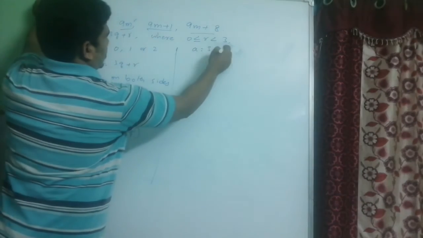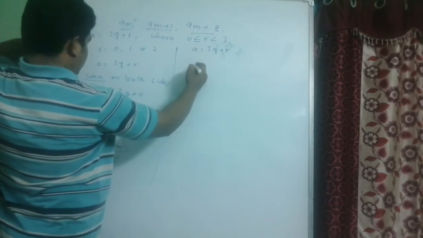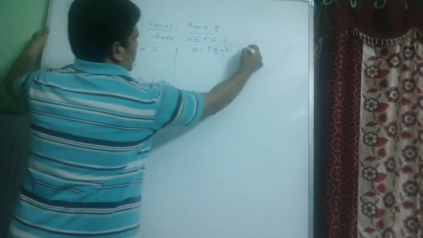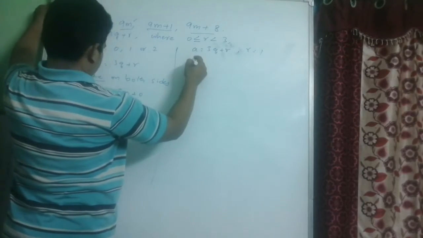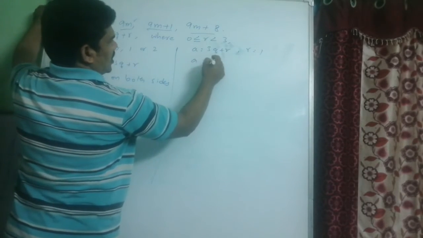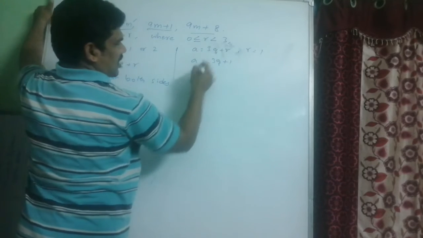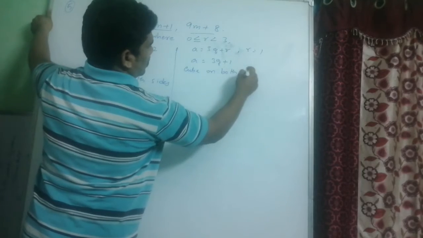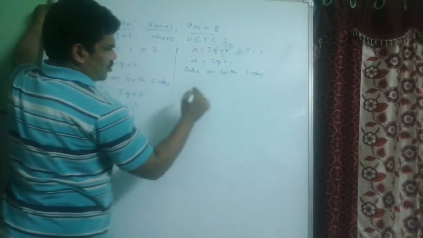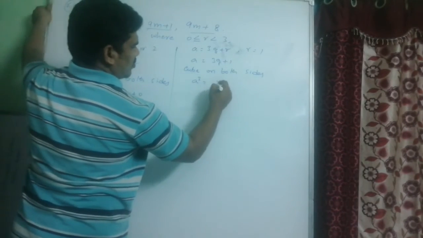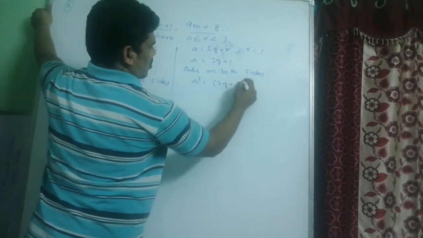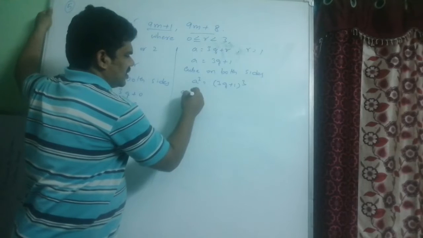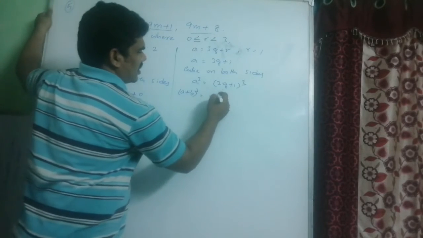So in the second case, a equal to 3q plus r. The same here, r is 1. So a equals 3q plus 1, r is 1. Cube on both sides, a cube equal to 3q plus 1 whole cube. Okay, so what is the a plus b whole cube formula?